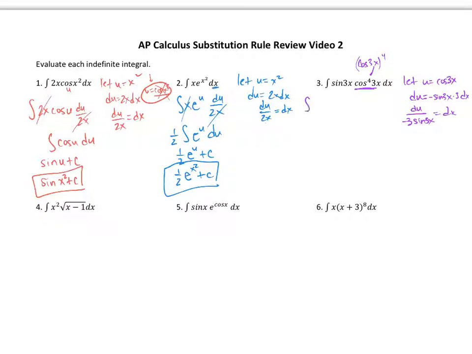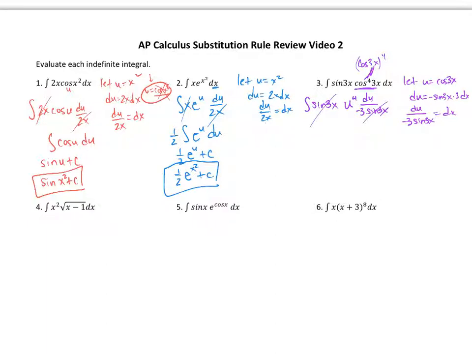Let's go ahead and make our substitutions. So this becomes the integral of sine 3x. Now this is cosine 3x, so this is going to be u to the 4th. Remember, I just wrote it like that. And then the dx became du over negative 3 sine 3x.